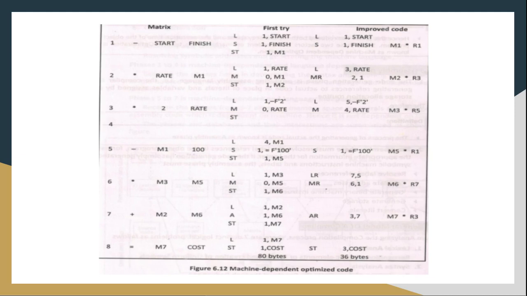We are not storing them into intermediate variables. So you can see now in the third column, the improved code, we have deleted those lines and optimized our code. This is our example, this is how we have optimized the code of our cost assignment statement.